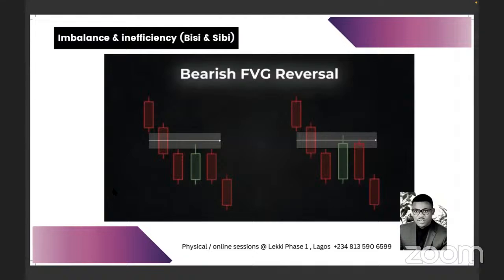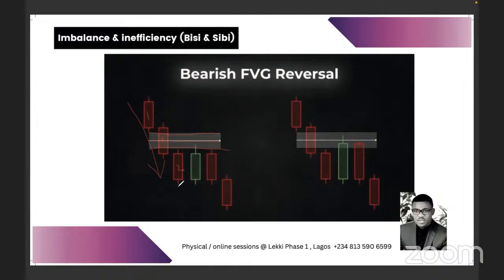Somebody asked me that question. A fair value gap that was formed in a bearish move that was going down by 1, 2, 3. And you mark the fair value gap like this. We already said yesterday that the middle of that fair value gap is called the 50% consequent encroachment.